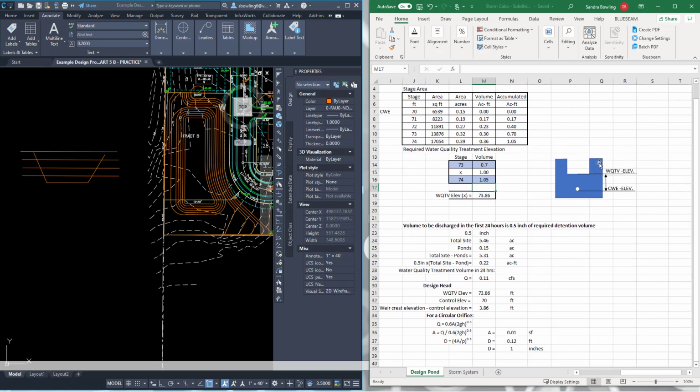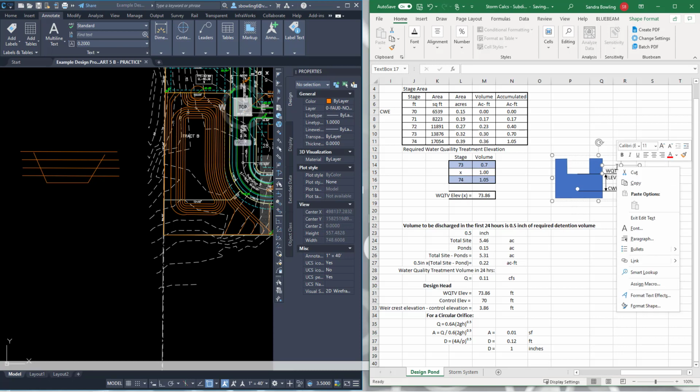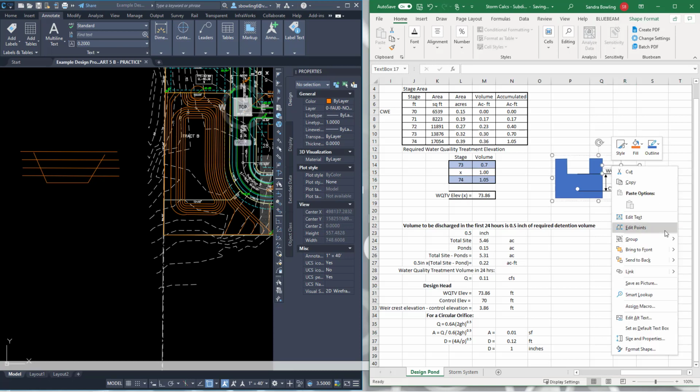Okay, that's this elevation here. So this is going to be, and I'll write this, 73.86. Right, and let's see if I can bring that to the front. Wrong way. This is the other thing that I do when I give it to the district.